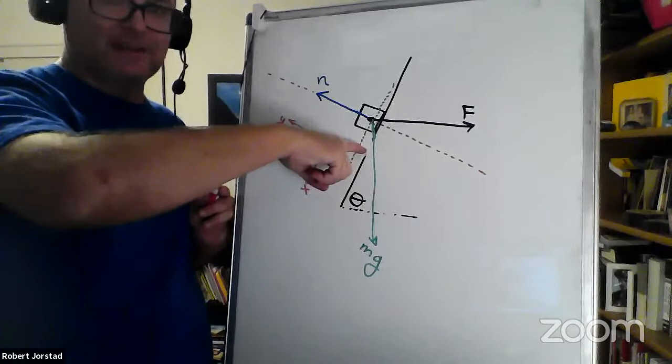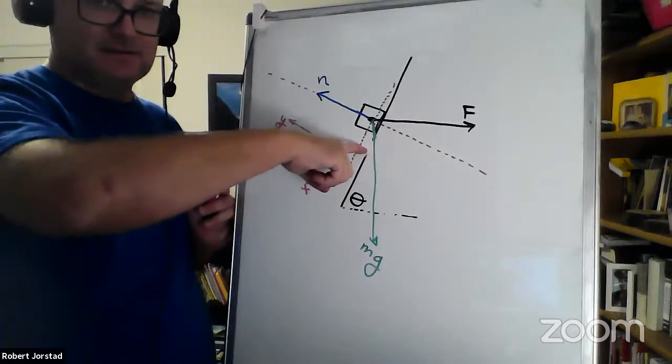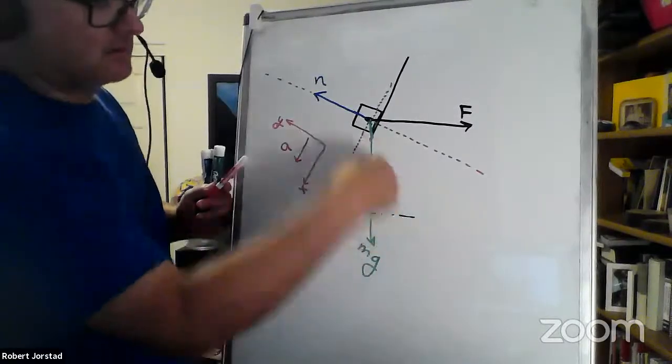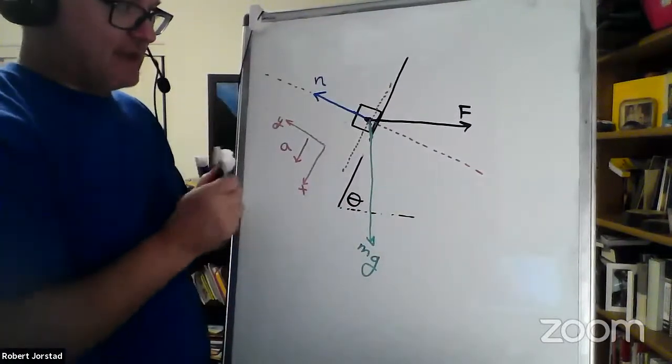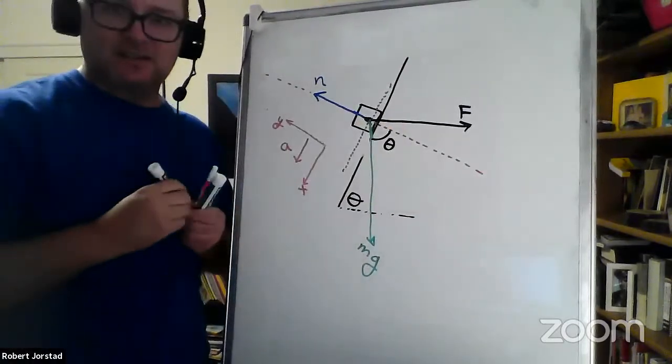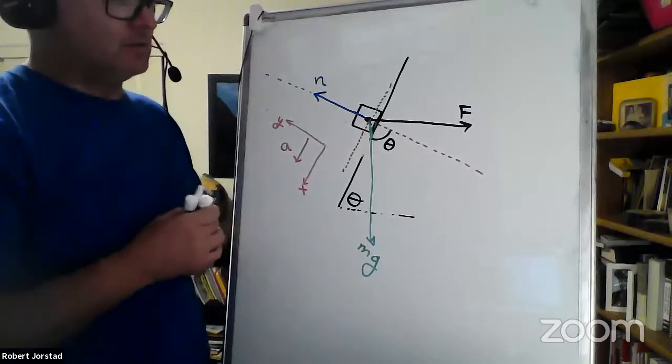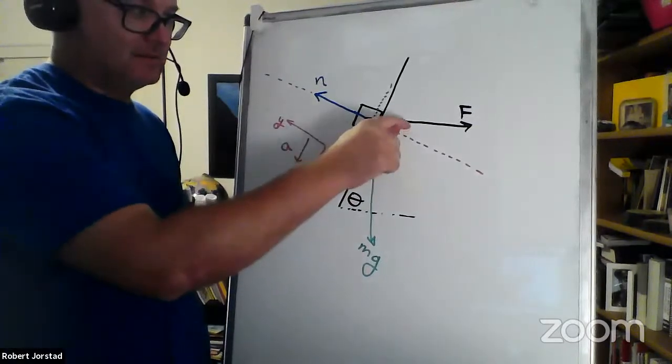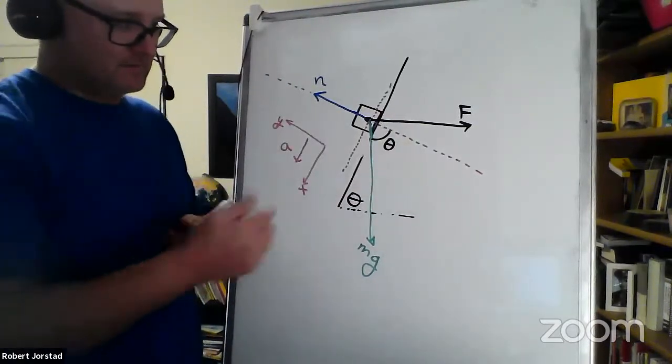What does it look like? 90 minus theta. Yeah. And so then what's this angle right here? Theta. So I'm going to draw that in. And now because this is so messy, what's this angle? 90 minus theta as well. We might need that this time.